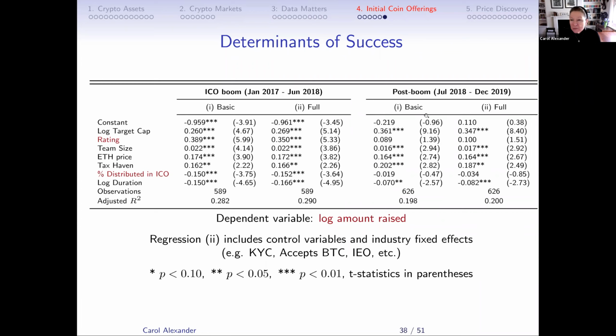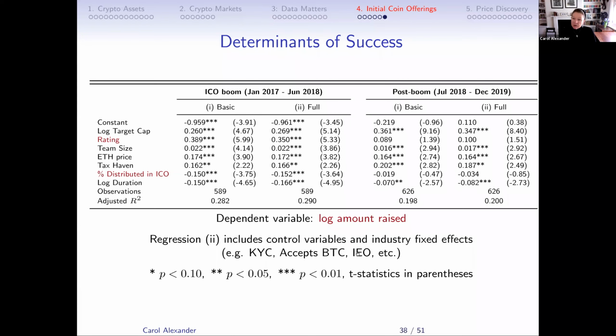So we divided the sample, only analysed up to 2019. We're waiting to do another 18 months. We'll do that in June this year to see whether the results are robust. Basic and full just means with the full model, we have a lot of control variables, things like know your customer, whether they accept Bitcoin. Is it actually an initial exchange offering?